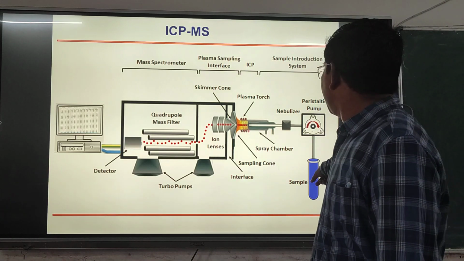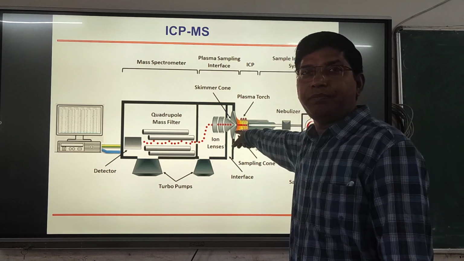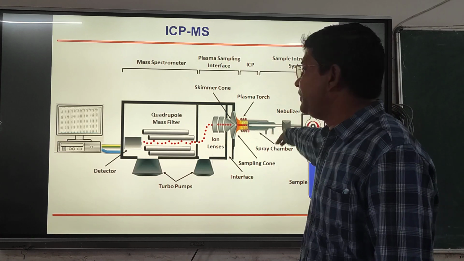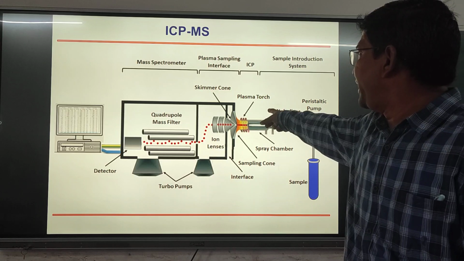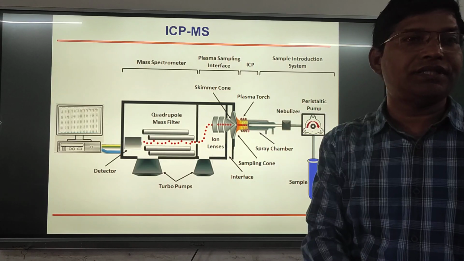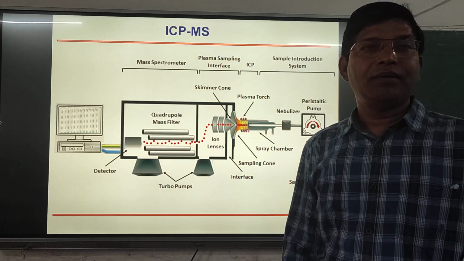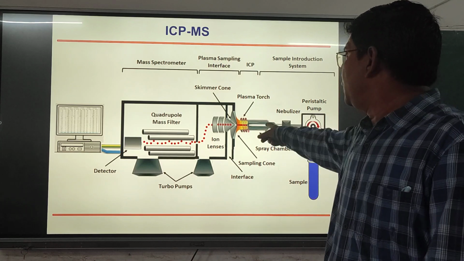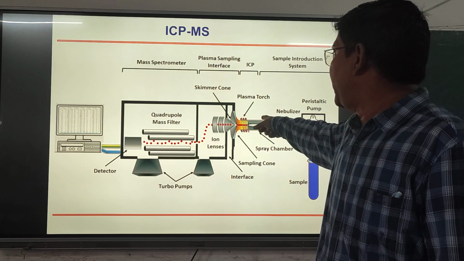Here we have a sample and a nebulizer, and this is the ICP torch. When the sample, fuel and oxidant mix at the nebulizer, it forms the aerosol, and the plasma torch or ICP torch provides the thermal energy for volatilization, drying and atomization.